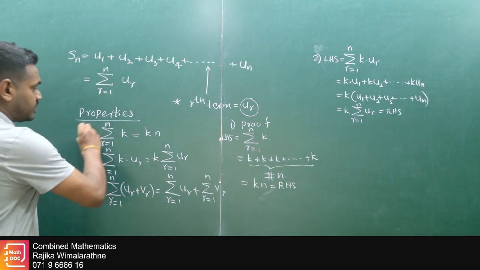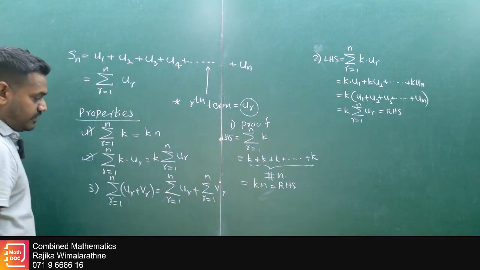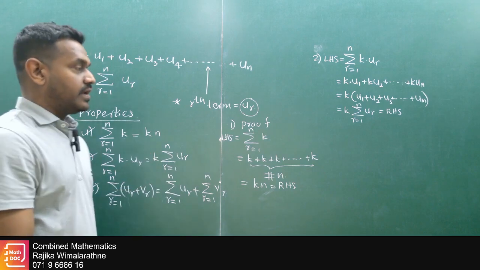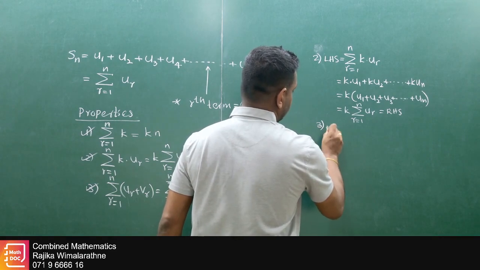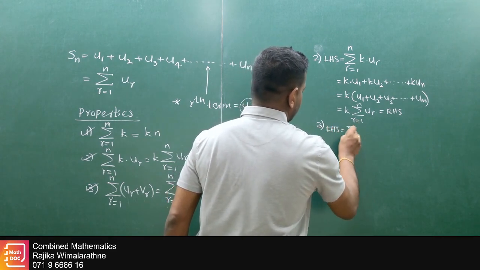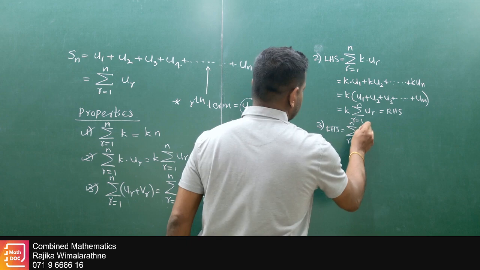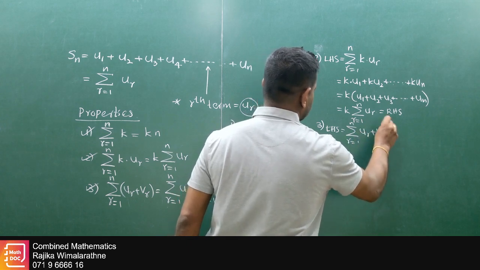Here is the first relation, here the second relation. Now let's move to the third relation. The left hand side is sigma r equal 1 to n of ur plus vr.